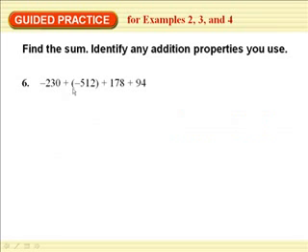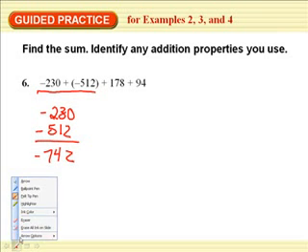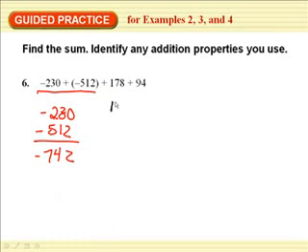What color do I have here? Red. Red is my negative color, so I'm going to go negative 230 plus the 512. I'm going to add the negatives. Okay, so negative 742. And actually the real color for positive is supposed to be black. And 94. So 272 and negative 748.